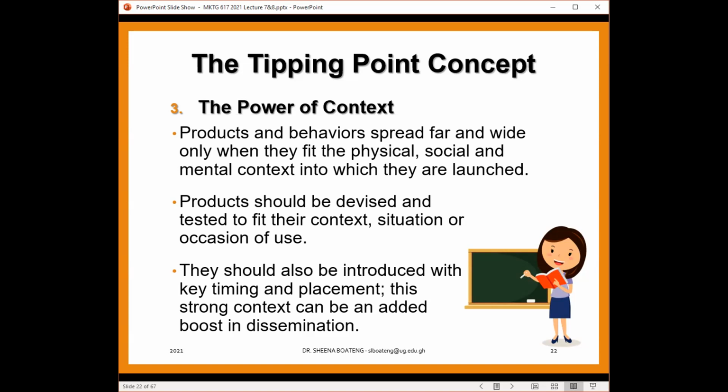So you realize that if you are dealing with certain products that are not compatible with a particular consumer group, and you decide to advertise or test this product within a context where this consumer group is found, definitely you are testing it among the wrong audience and will not get the kind of feedback that you are looking for.